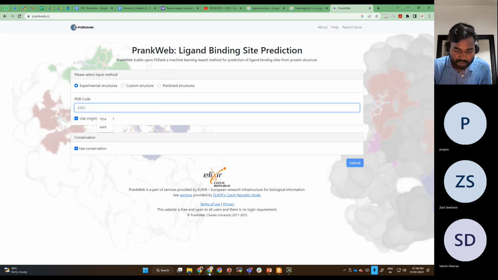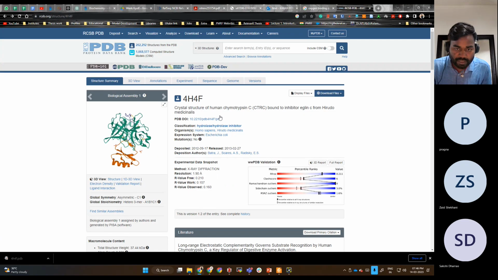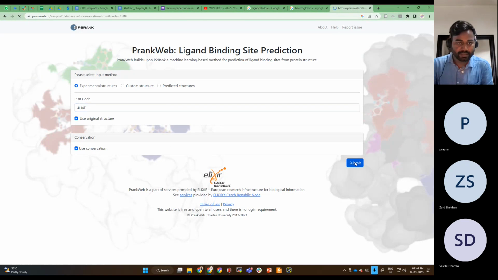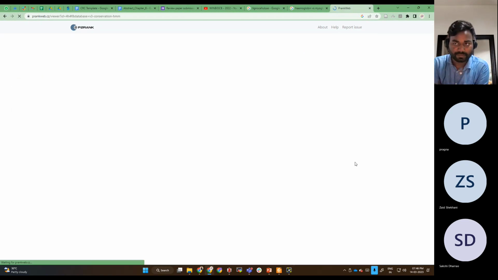The PDB code of this chymotrypsin was 4H4F. Put 4H4F and then use original structure. Now see, it will show you the different binding pockets, and based on the highest binding score, we will be able to identify the correct binding pocket.